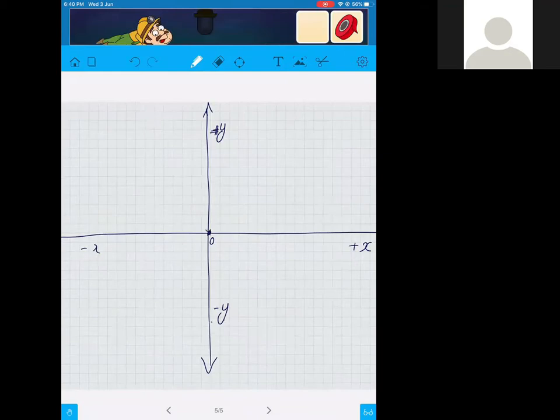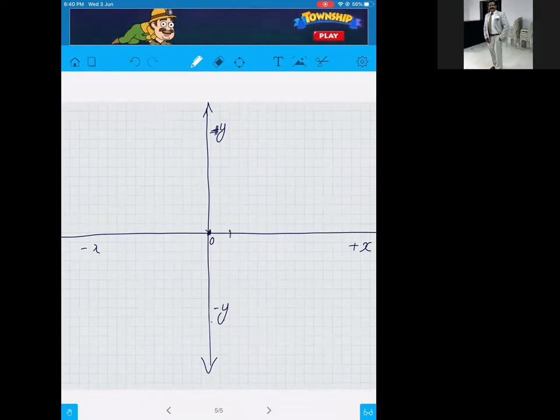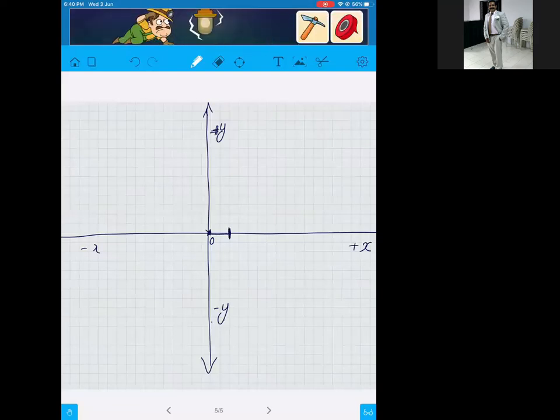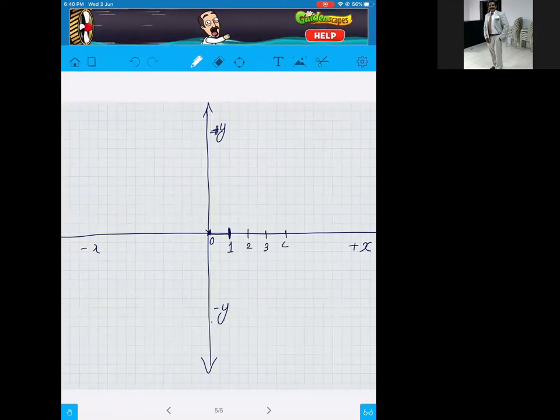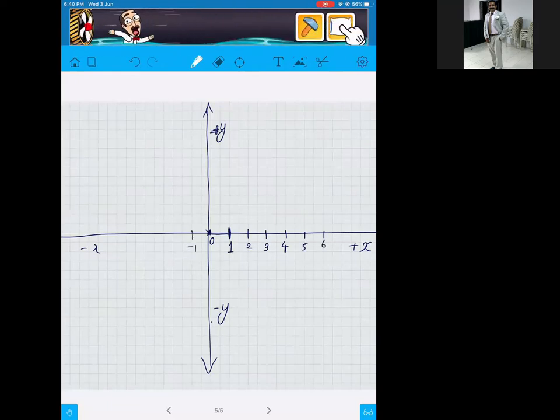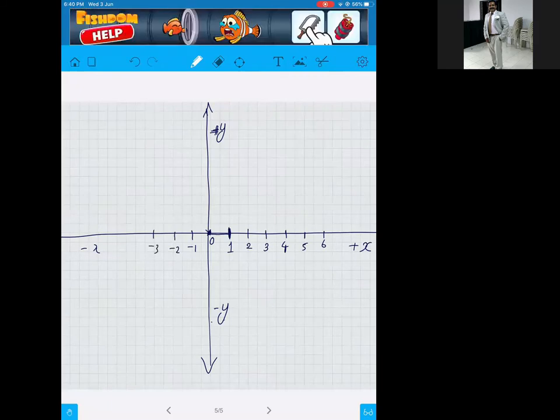Then you can take some values. 2 divisions I am taking as 1, so 1, 2, 3, 4, 5, 6, and negative 1, negative 2, negative 3, negative 4, and negative 5.